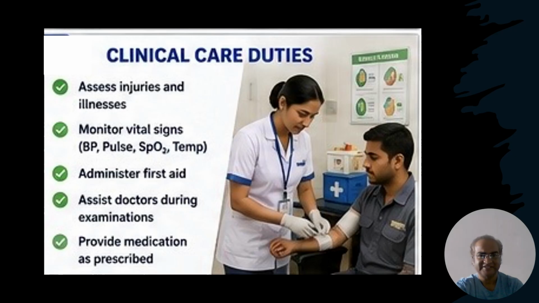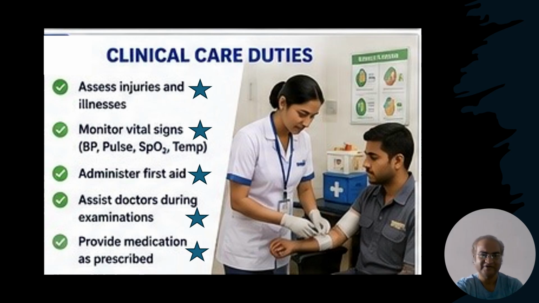So now let's see, you are already well versed with clinical care duties like assess injuries and illnesses, monitor vital signs, BP, pulse, SpO2, temperature, administer first aid, assist doctors during examinations, provide medication as prescribed. So all these things an OHN already knows, because they are already the nurses.